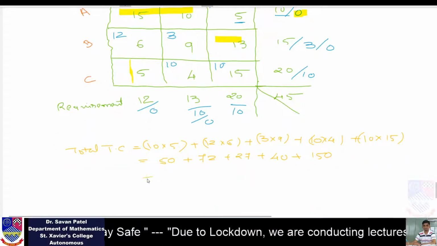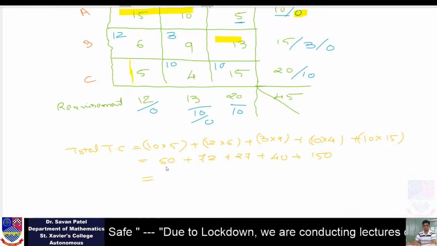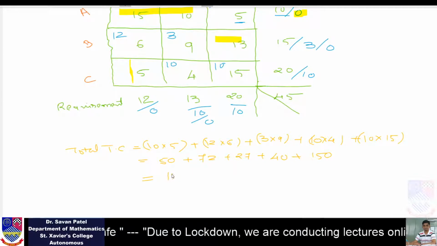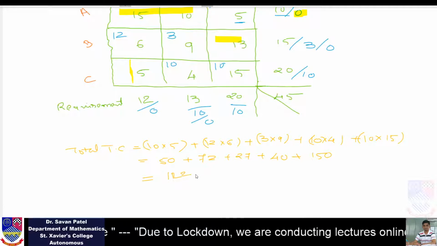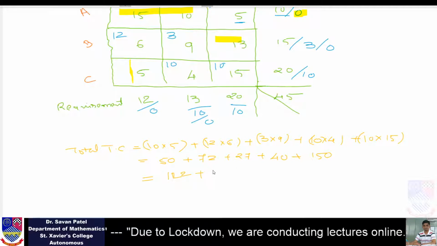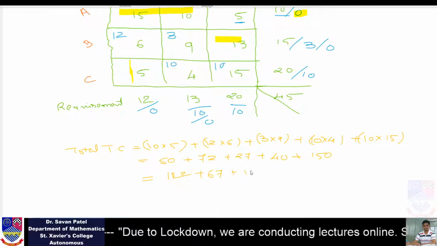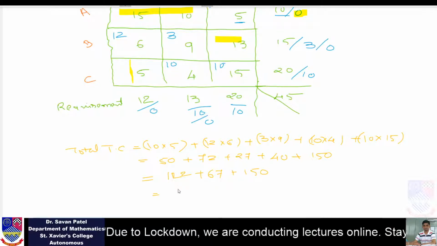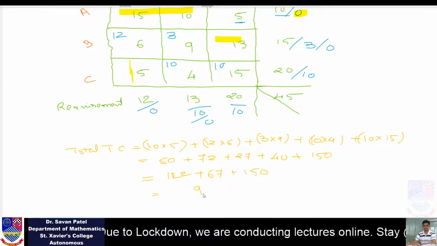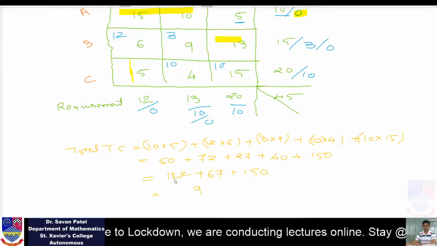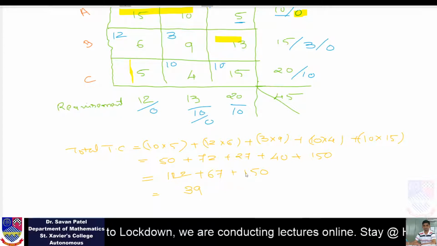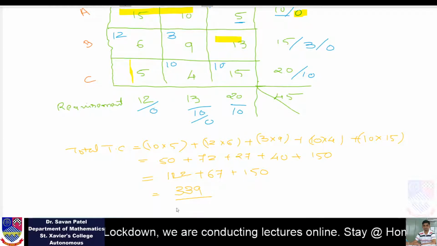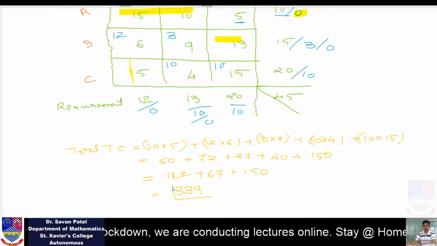So the sum is 50 plus 72, so it is 122, plus 67, plus 150. So here the transportation cost is 339.